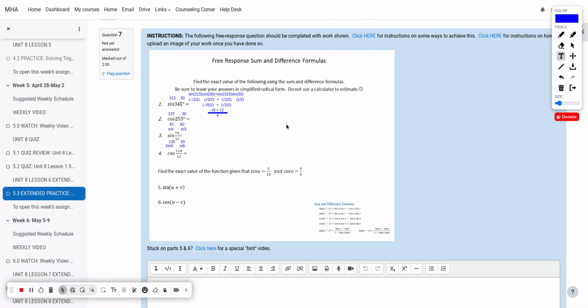So next up, it should go pretty easy. With the cosines, since I'm adding the cosines, that would be cosine of 225 and cosine of 30 plus sine of 225 plus sine of 30.